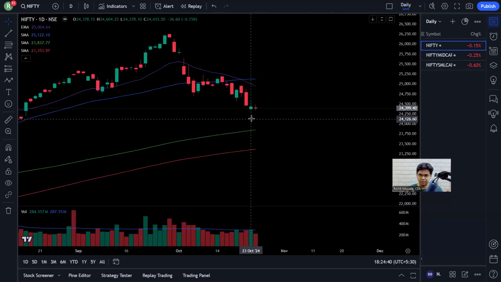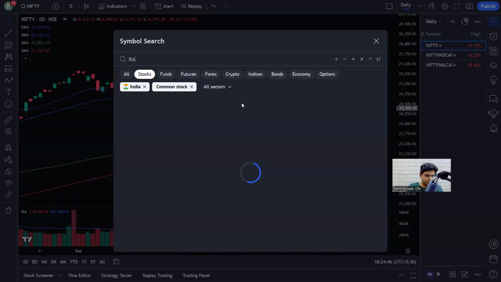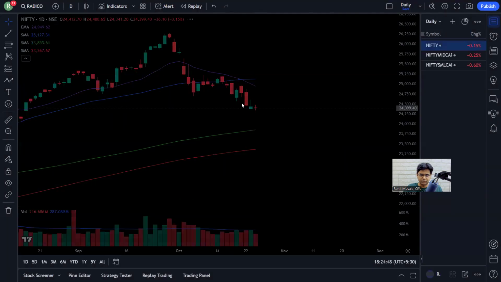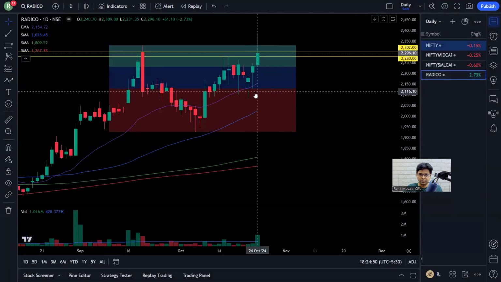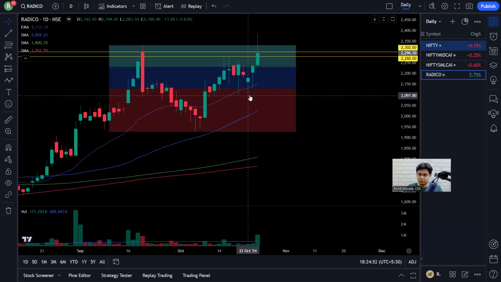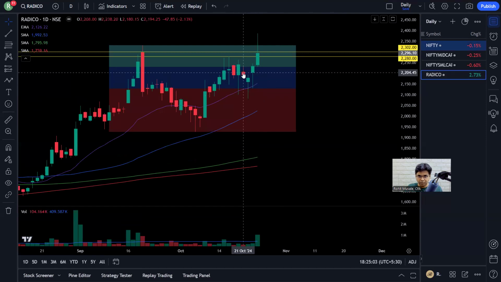That's relative strength. See, on 22nd October, the index was down 1.25%. Let's see what happened to Radico. It was down 0.63%. So the market is down 1.25%, but the stock is only down 0.63%. That is again a sign of strength. And that happened on multiple days.